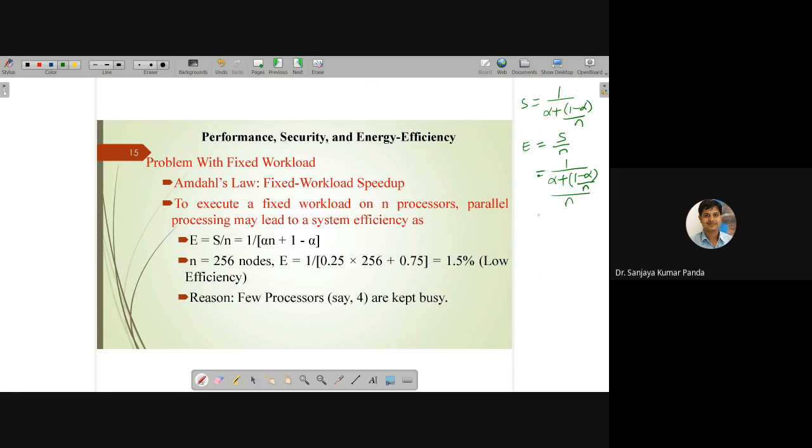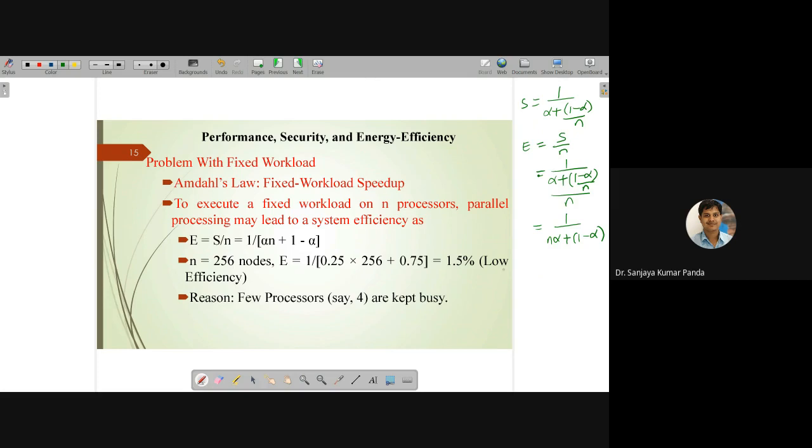So dividing by N is the same as multiplying by 1 by N. I am multiplying the N term here, so N will be cancelled out. So you will get 1 by N alpha plus 1 minus alpha.